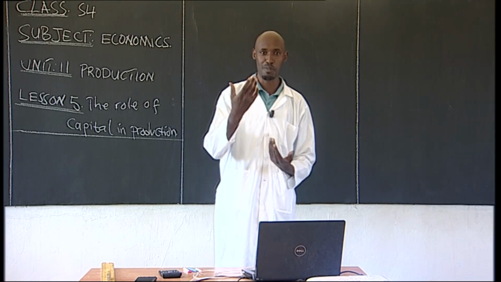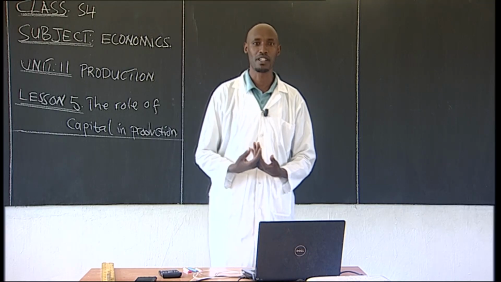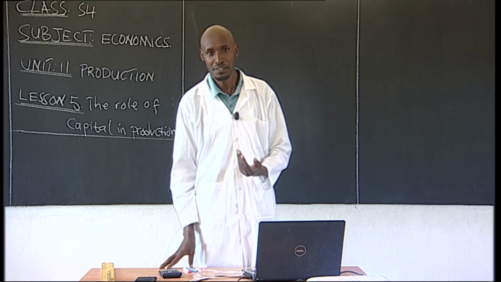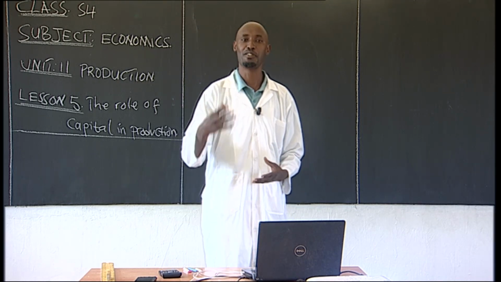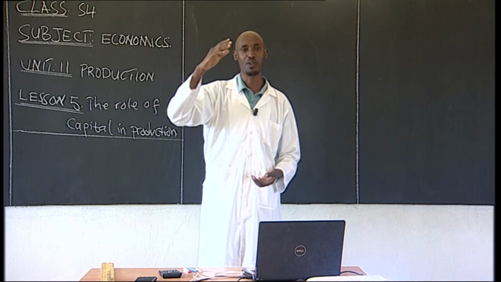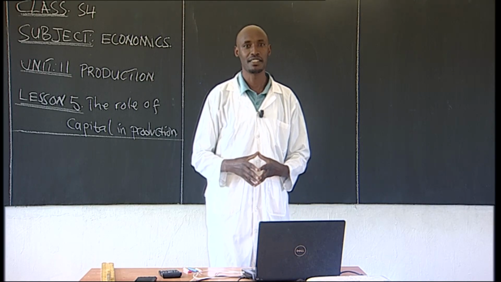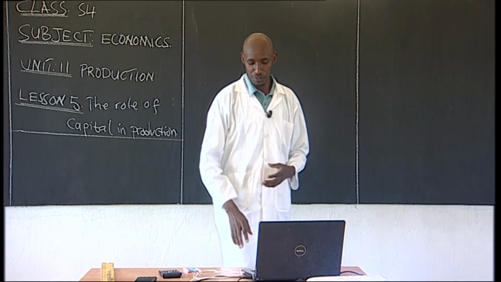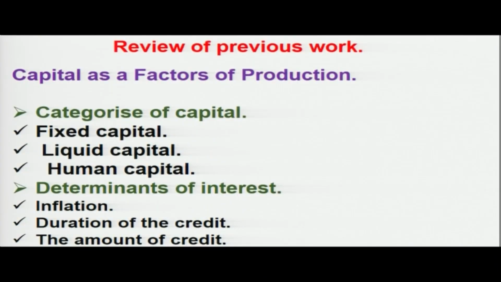Then I remember I went on and looked at the determinants of capital as a factor of production. Who can remind me? Good. You said that there is inflation. When inflation is high, what happens? The rate is also high. Good. So, as you can see, that's our previous work.